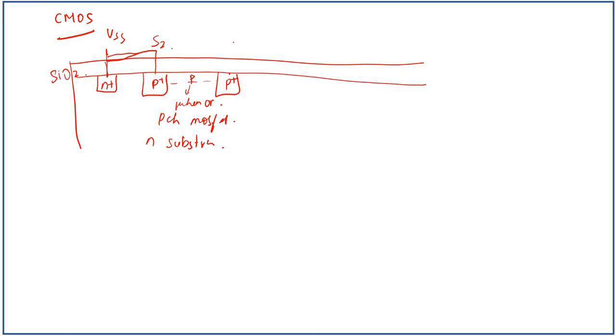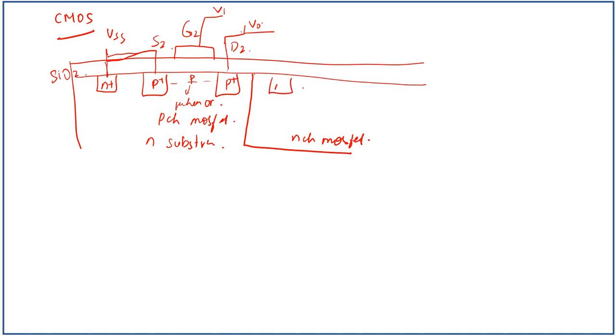Then this P region is connected to gate 2, which is connected to VI voltage. We have the connection from this P region, which is drain 2, connected to V0 voltage. From here we have the other type of MOSFET, which is the N channel MOSFET.